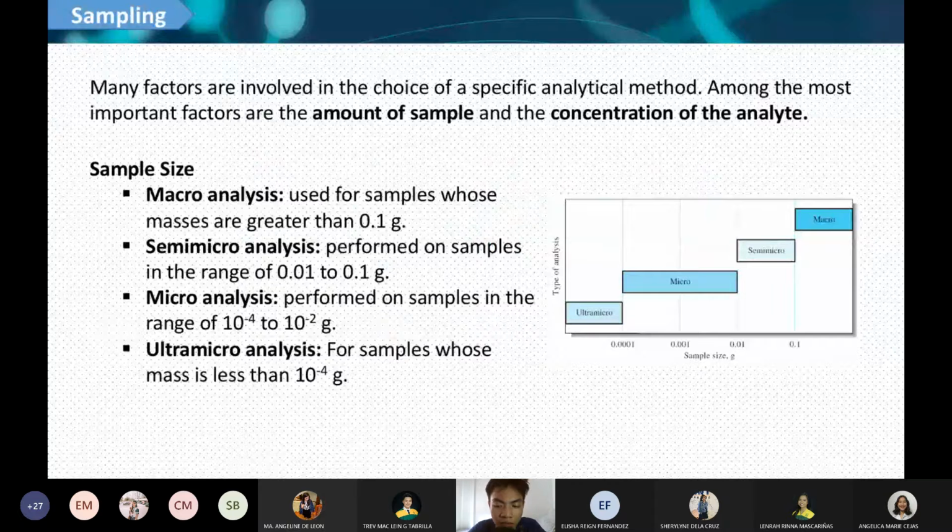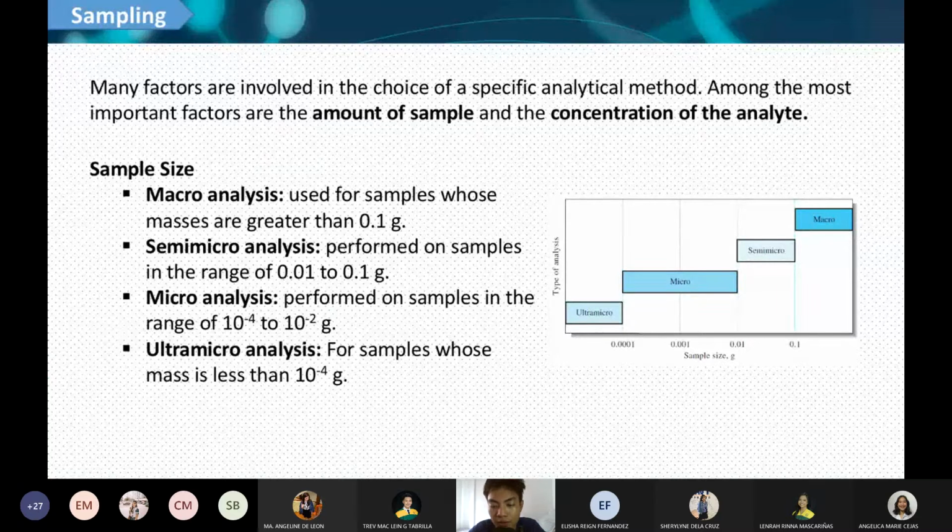And depending on the quantity of your sample or the concentration of your analyte, okay? So may new term tayo, analyte. What is that? When you say analyte, these are the substances with unknown concentration. So basically, sila yung hinahanap nating substances. Yung concentration ng substance, yun yung aalamin natin. We call them analytes kasi sila yung ina-analyze.